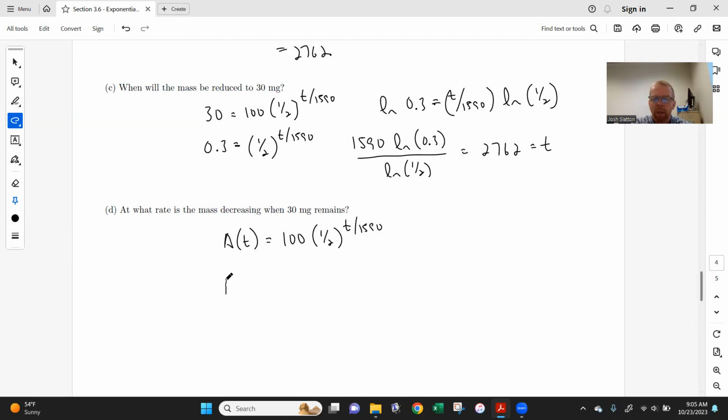We're talking about the rate, so we need to take the derivative. Anytime you do an exponential, you just write the exponential and then work with what you need to work with. Whenever the base is not e, we always take the ln of that base, which you do anyway when it's e. It's just ln of e is 1, so you don't have to worry about it. And then times the derivative of the exponent.